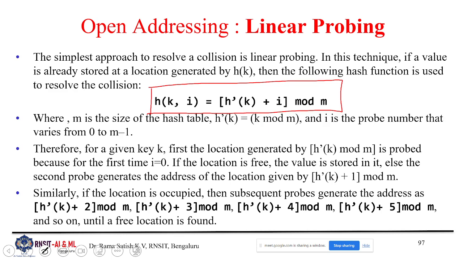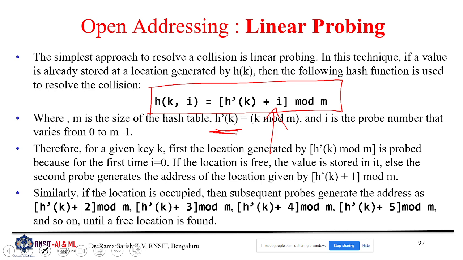It will add a value i, which is a probe value, where m is the total size of the hash table, and h'(k) is the hash function that was earlier used for calculating the location for a key k, and that location met with a collision.